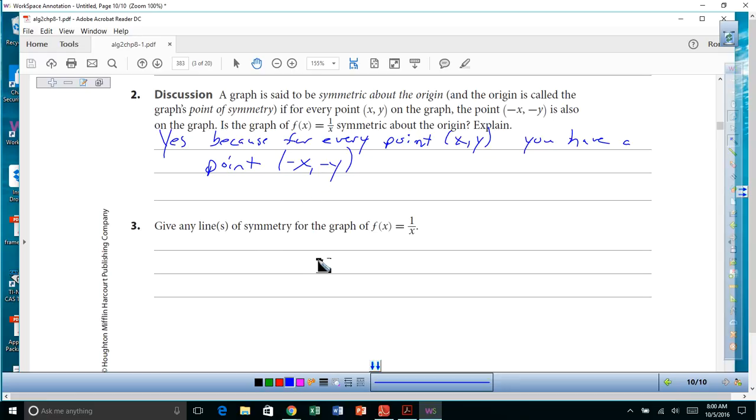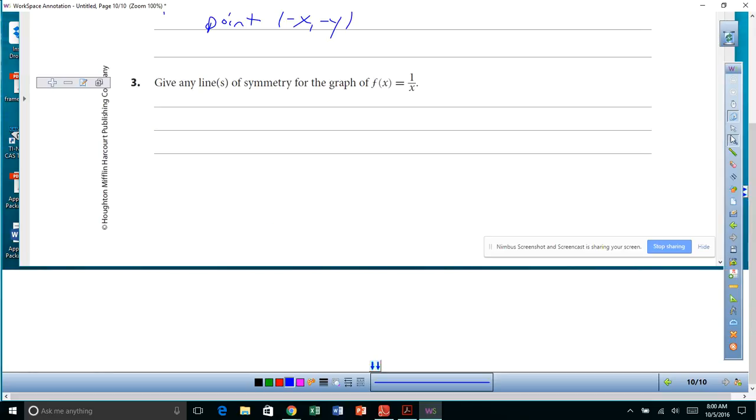All right. Graph any lines of symmetry for the graph of f of x equals 1 over x. And to do that, let's see here. Let me draw. So we got this, and we got that.